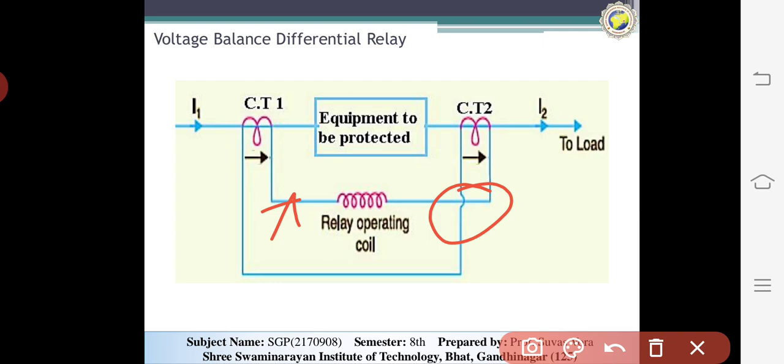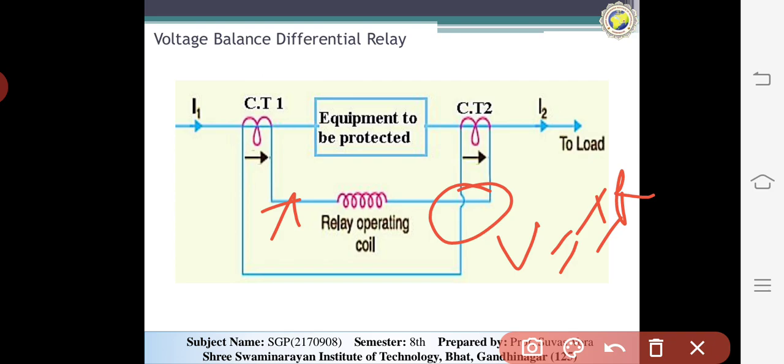We know the basic equation of current and voltage, V equals IR.